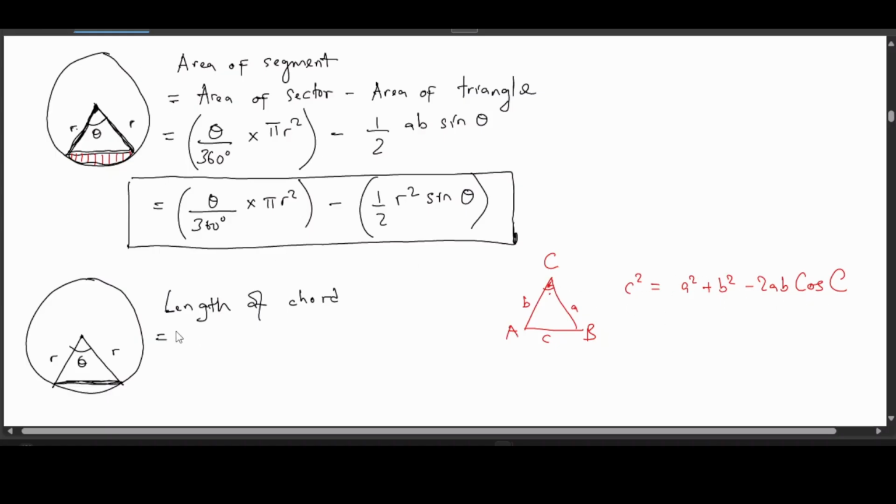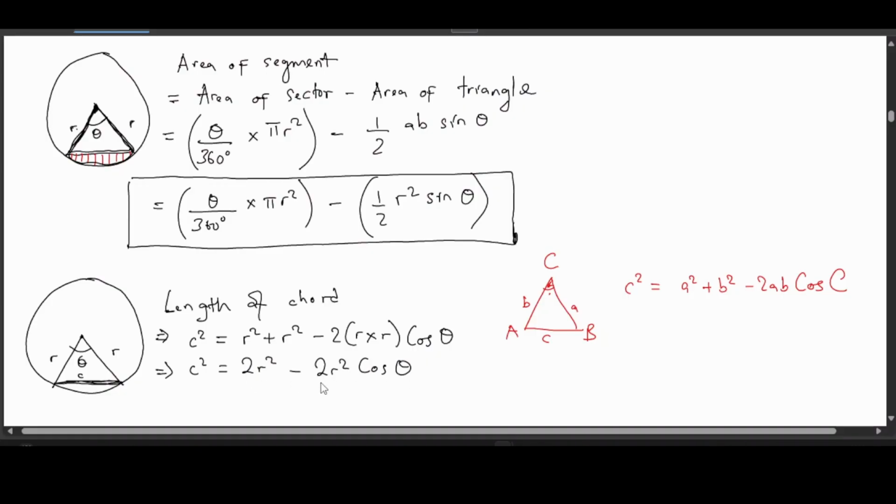When we apply it here, let us say the chord is going to be c. So c squared is equal to r squared, which is a squared, plus r squared minus 2 times r times r cos theta. So c squared is 2r squared minus 2r squared cos theta.